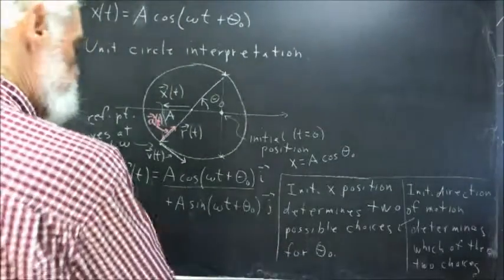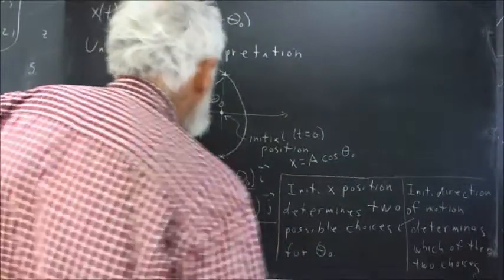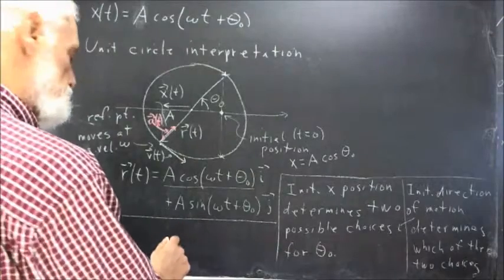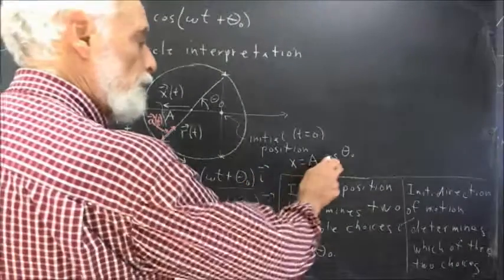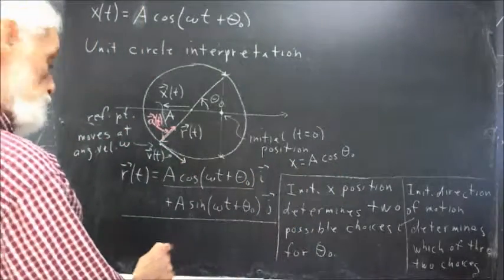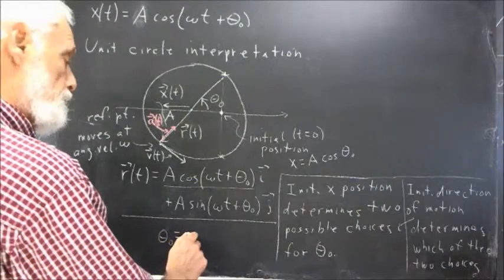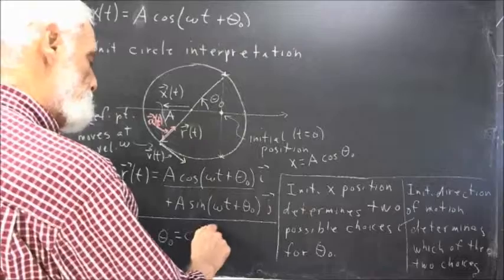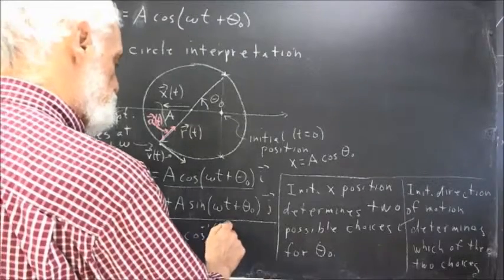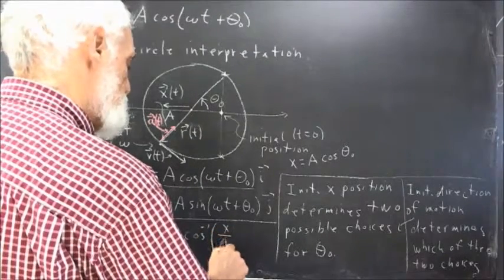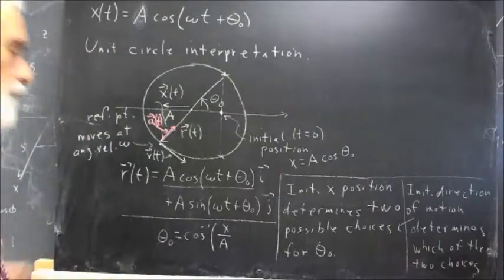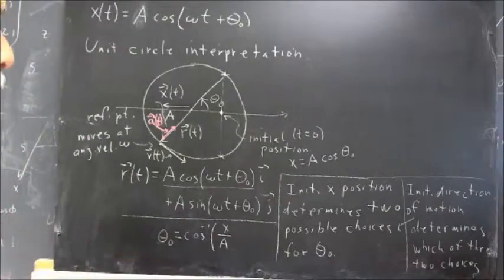Theta naught, well, x equals A cosine theta naught, so theta naught equals the inverse cosine of x over A. Well, not just this.